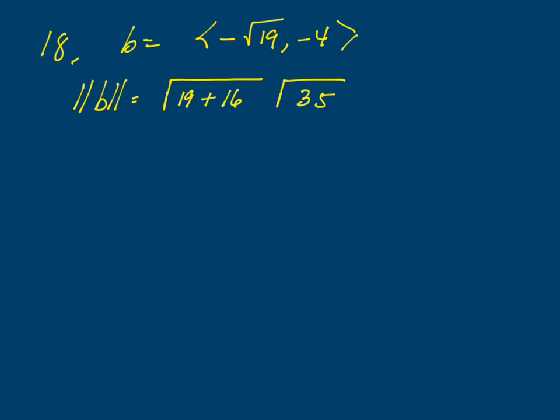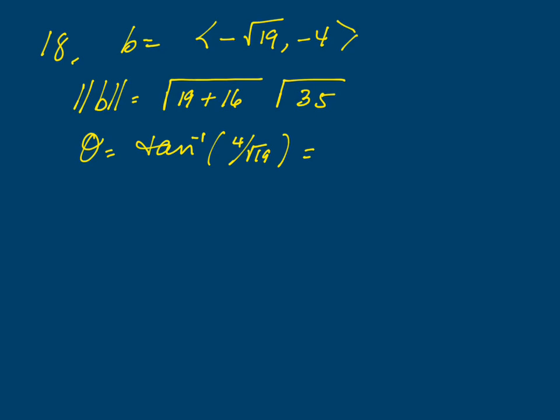Nothing you can do with that, so that's the magnitude. And then theta would be the inverse tan of, gonna use our calculator for this, positive 4 over the square root of 19.